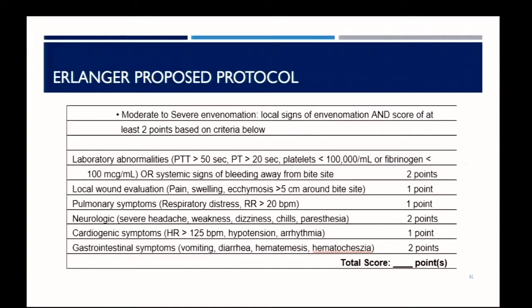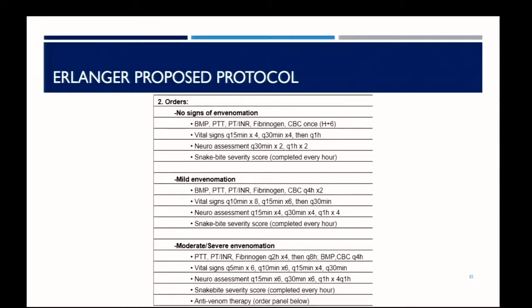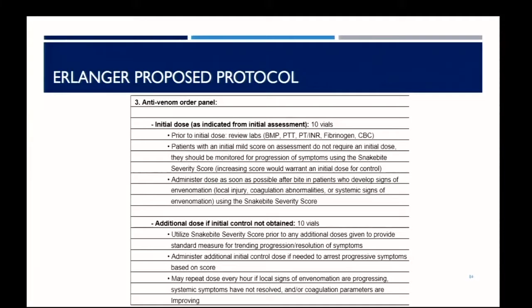And then this is more of an extension of the previous slide. The second part of this order set will include the orders, so any labs that are pertinent based on the signs of envenomation, if they have mild or moderate. And then if they do fit into the moderate or severe envenomation category, then they'll get to order anti-venom using an order panel, which lays it out for them.